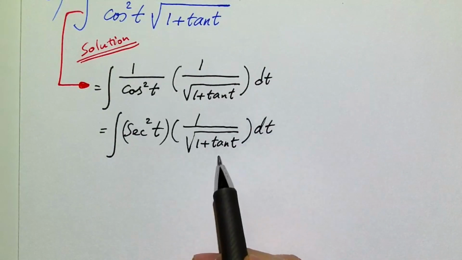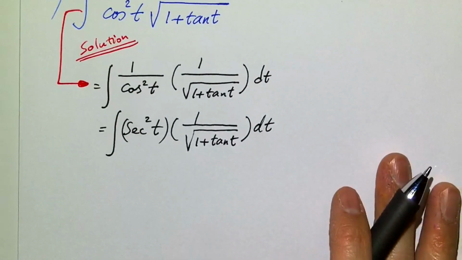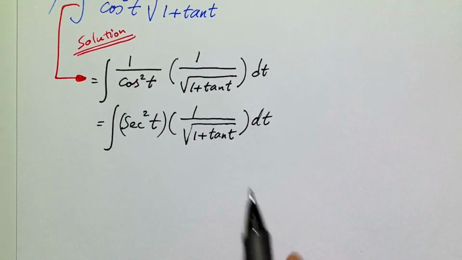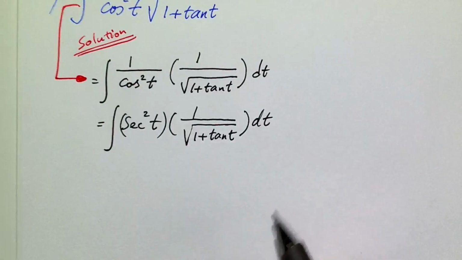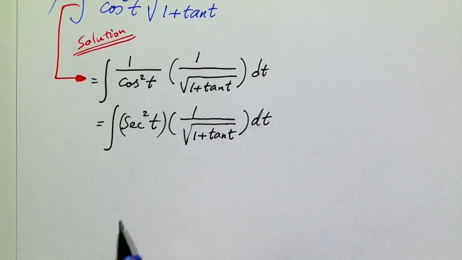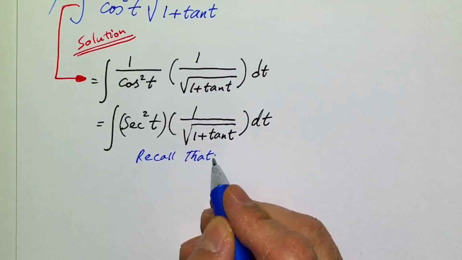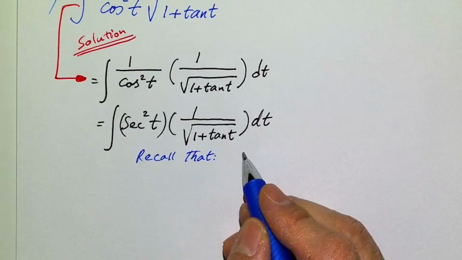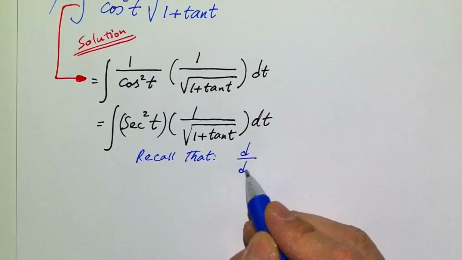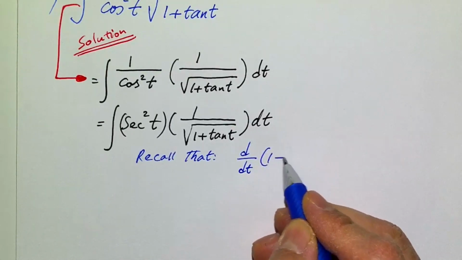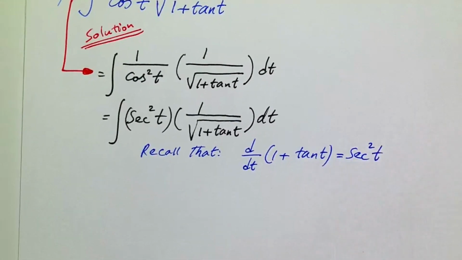Now our goal is to write one term in terms of the derivative of another term, right? We know that the derivative of tangent t is secant squared t. This we know from before. So let me write that down. Recall that d/dt of 1 plus tangent t is equal to secant squared t.